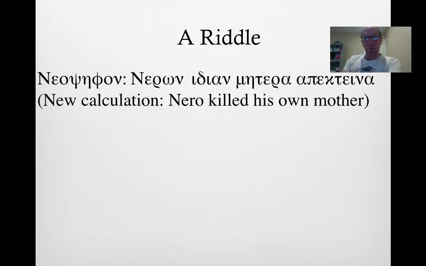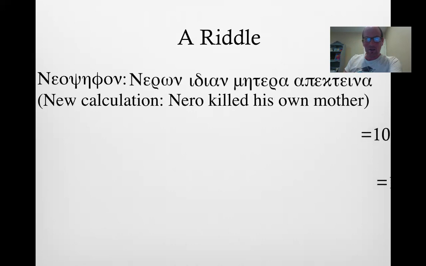But here we go. People were already doing this in the 2nd century. This was a riddle that was done about Nero using gematria. Neopsephon neron idian metera apactena. A new calculation. Nero killed his own mother. Now look at this. This is why they did this.